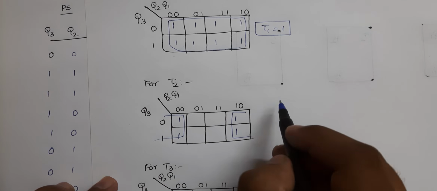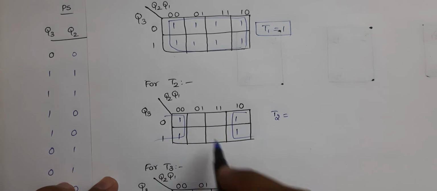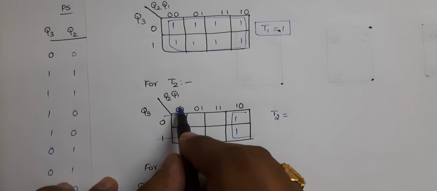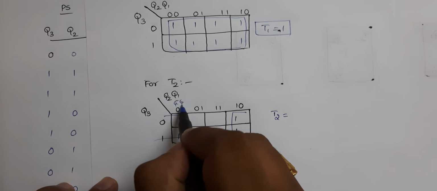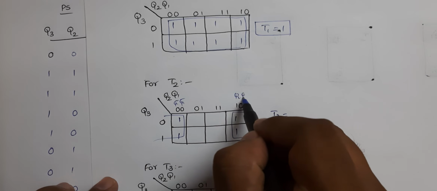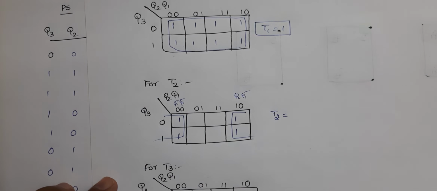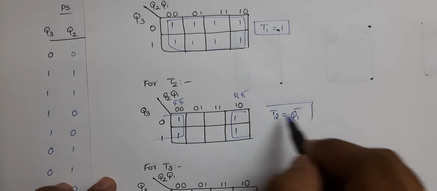So what is the expression? T2 is equal to, here Q3 gets cancelled, because Q3 appears in both its forms. Q2 is different, and the common thing is Q1 bar only. So the expression for T2 is Q1 bar.